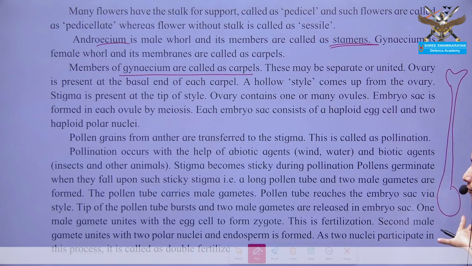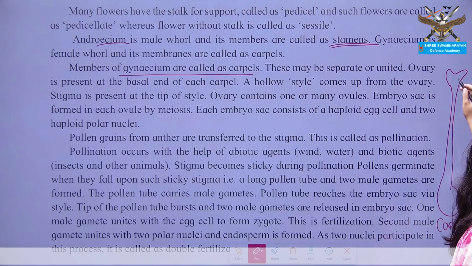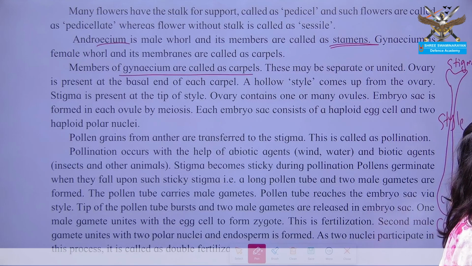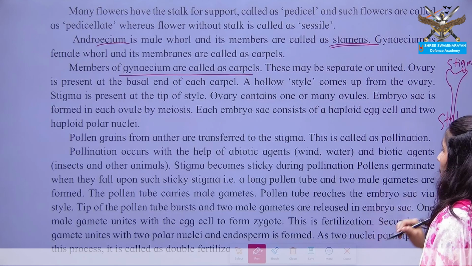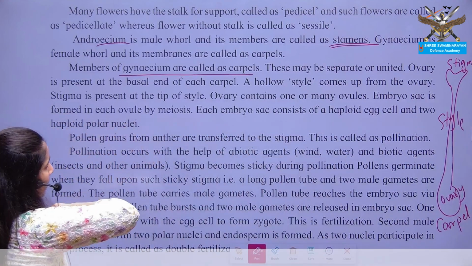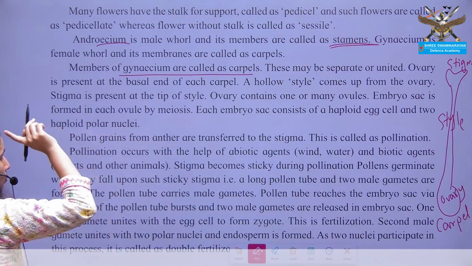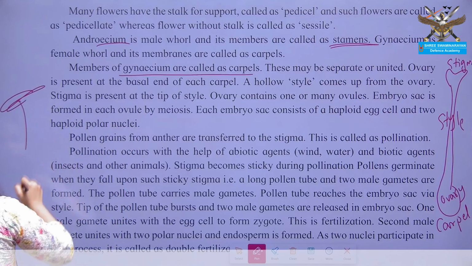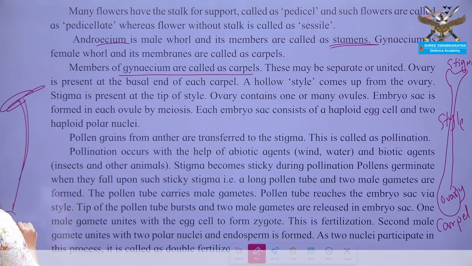The gynoecium, the female reproductive part, has a single member known as carpel, having stigma, style, ovary. An individual member of your androecium is known as stamen. Okay, this is your stamen.